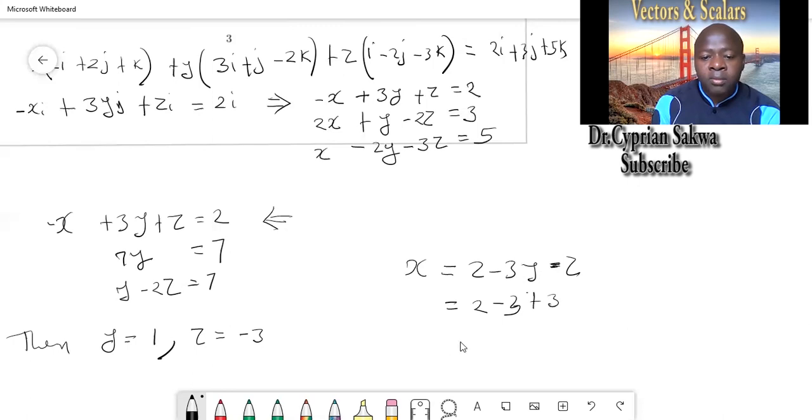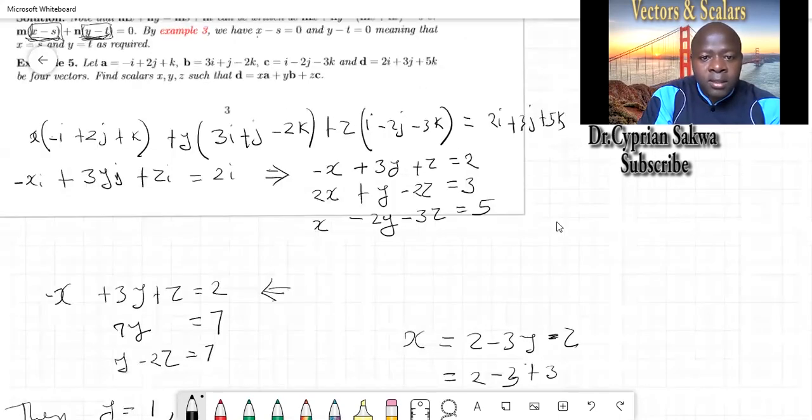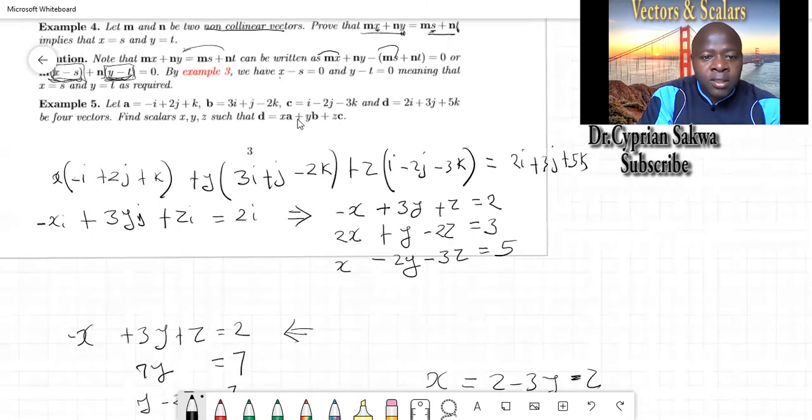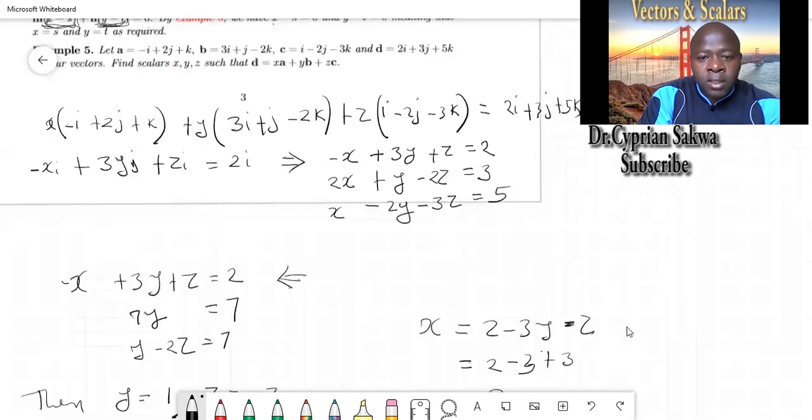So x becomes 2. The question wanted us to find the constants x, y, and z so that D can be expressed in this form, and we've just found those constants.